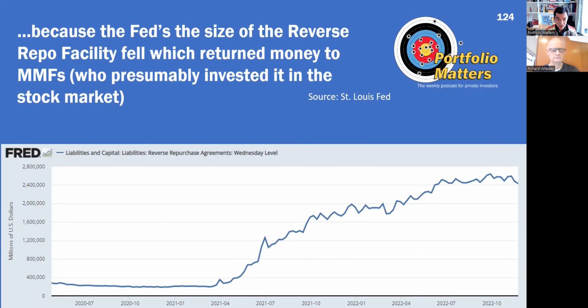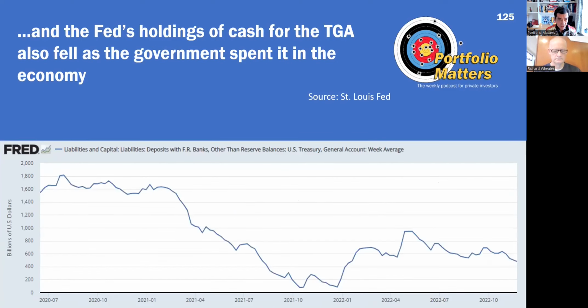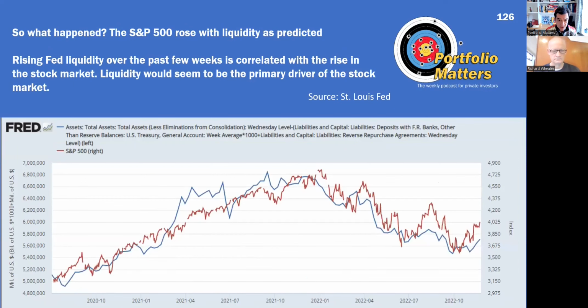So money was returned to money market funds, who presumably put it in the stock market. And also the TGA fell as the government spent money that it previously raised from bond sales. So what happened? Well, as forecast by net liquidity, the S&P 500 rose.